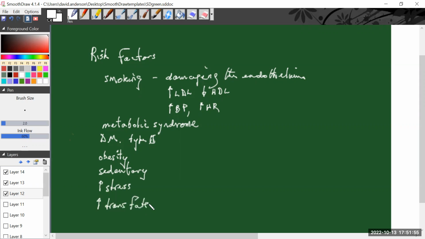No other dietary factors have been attributed to the onset, or at least have evidence base for onset of the formation of atheromas except the trans fats.